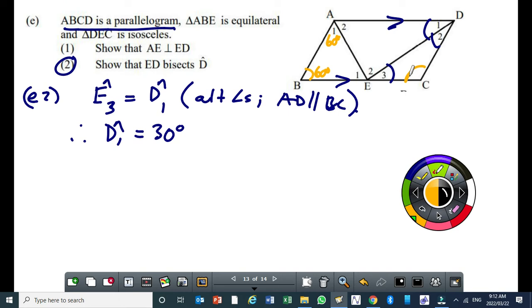I'm saying, since ABCD is a parallelogram, angle B plus angle C will give you what? 180 degrees. They are co-interior. I didn't say they are equal. They are co-interior, which means they add up to what? 180 degrees.